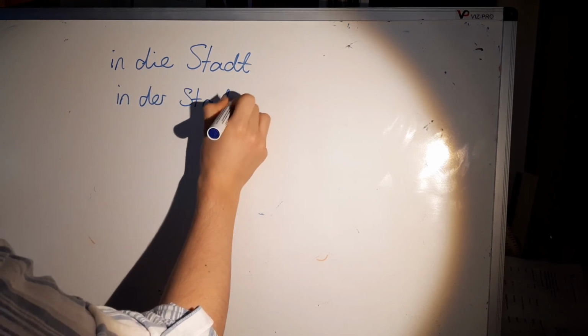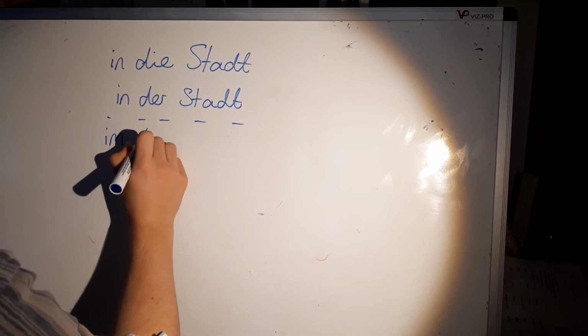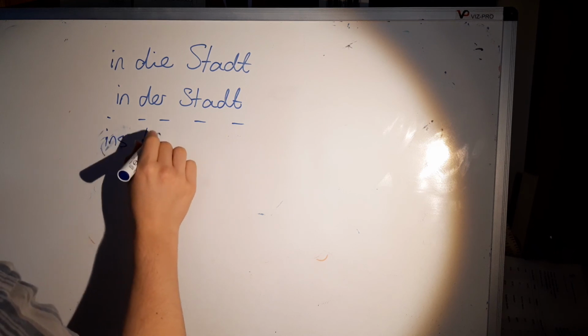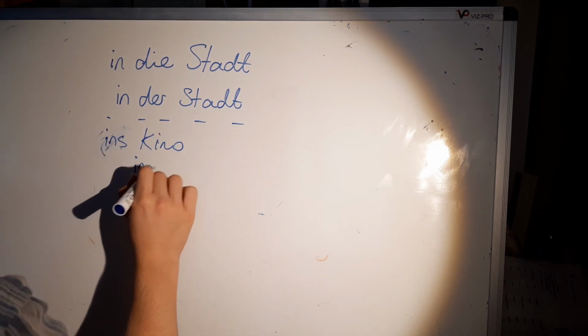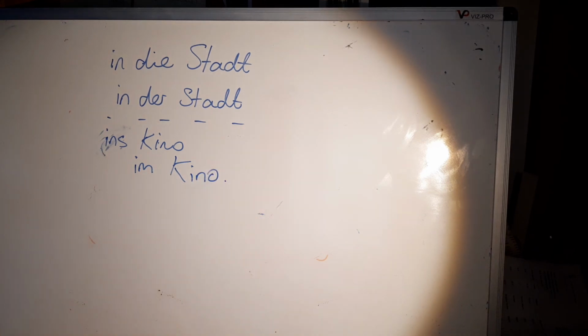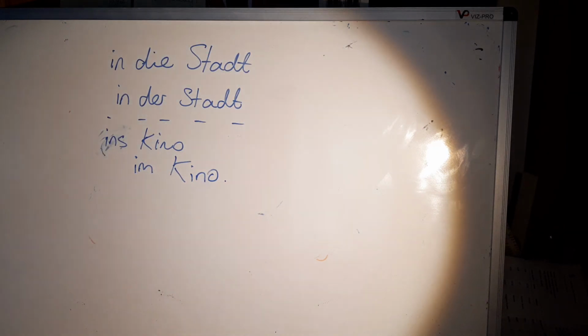And this is the same difference between ins Kino and im Kino. Right, now the first task I'm going to give you on this is, can you identify what case these are? Because these use two different cases and these use two different cases. It's okay to have a go and a guess.